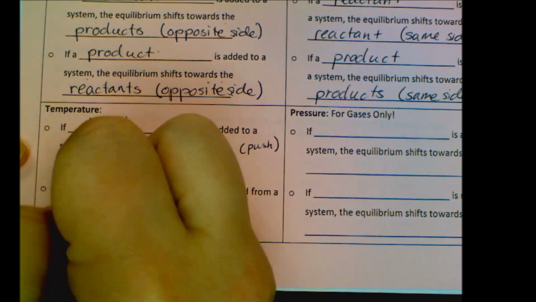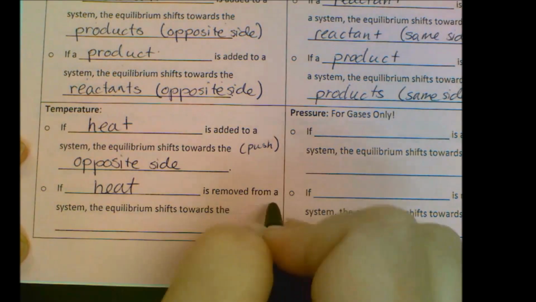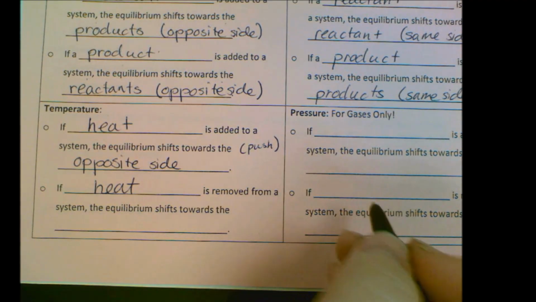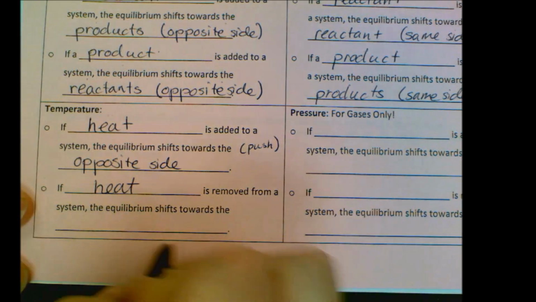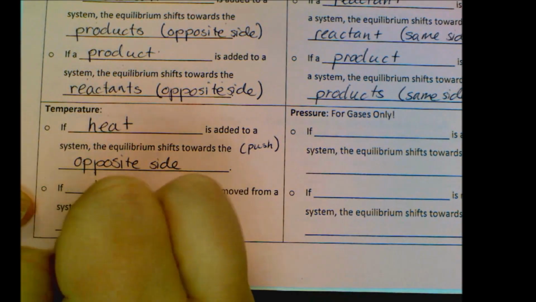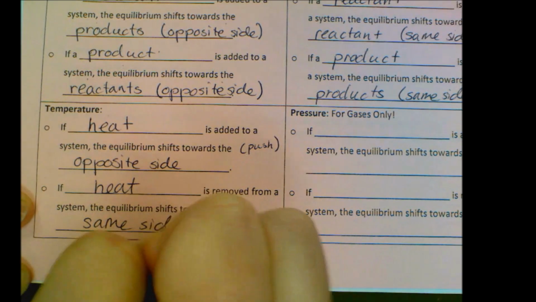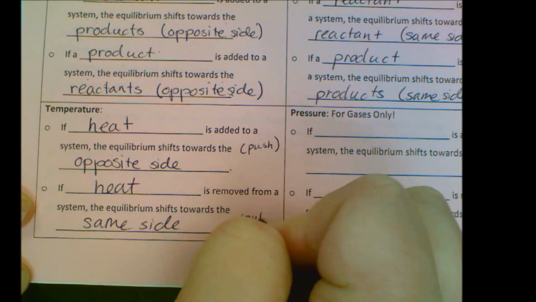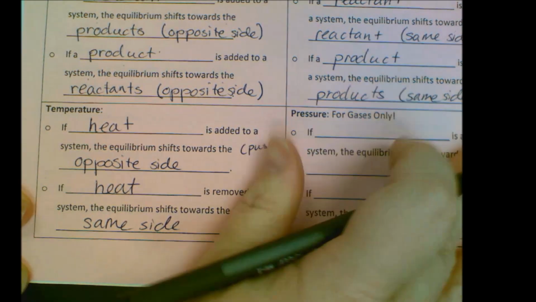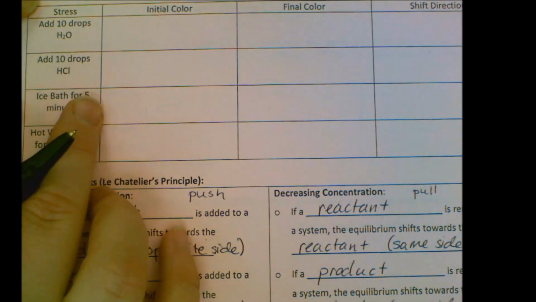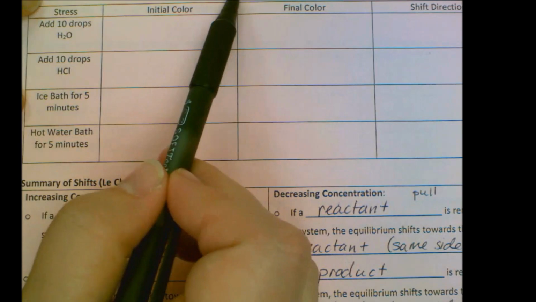Now, if heat is removed, so we put it in a cold water bath, the equilibrium shifts towards the same side. This one's like the pull, okay? So again, we put this in a cold water bath, or ice bath, and it turned pink.